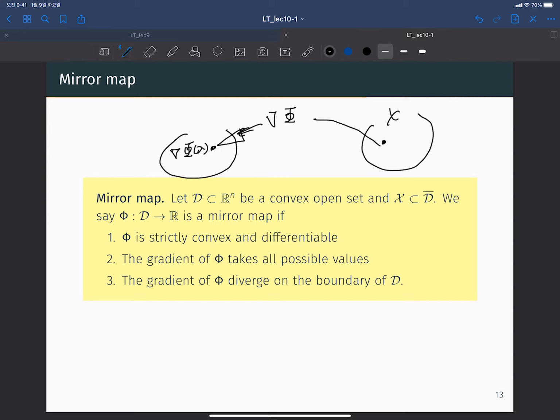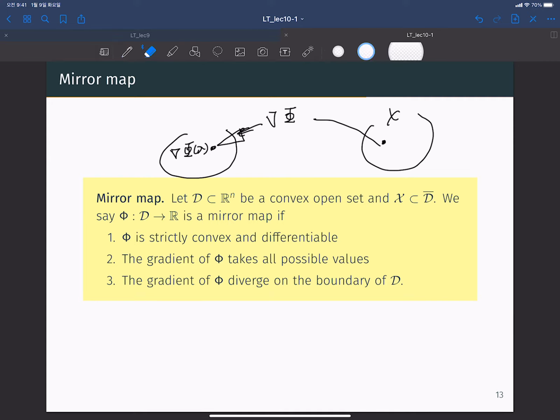Why do we use the mirror map here? The mirror descent algorithm basically does not update the value in the parameter space, but in the dual space. Okay, so consider the original gradient descent rule.